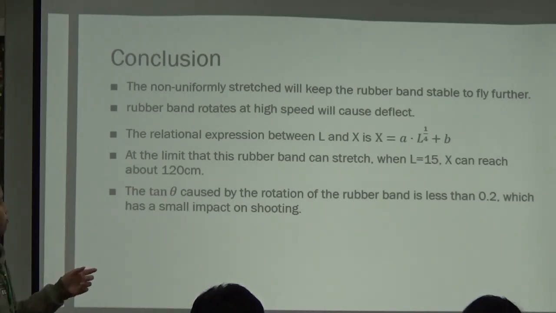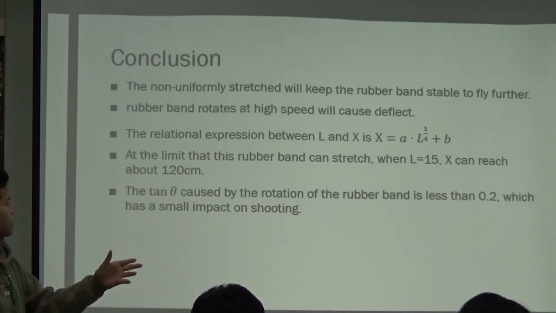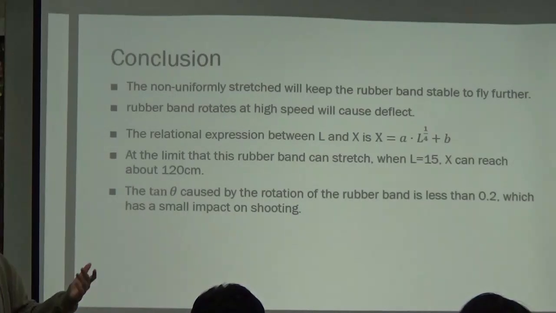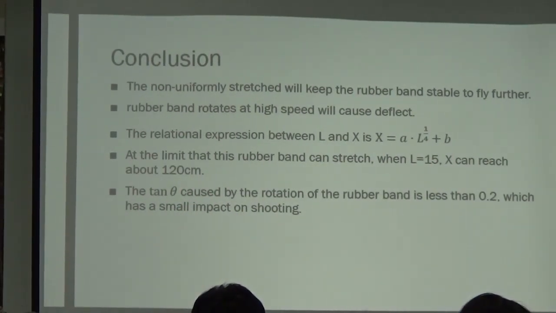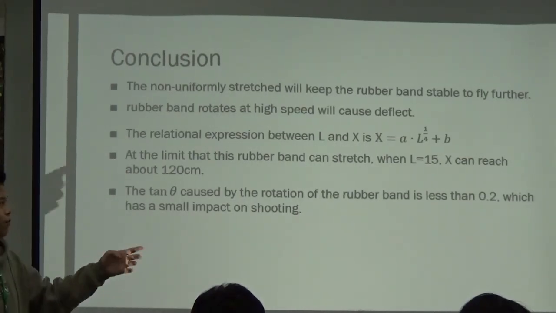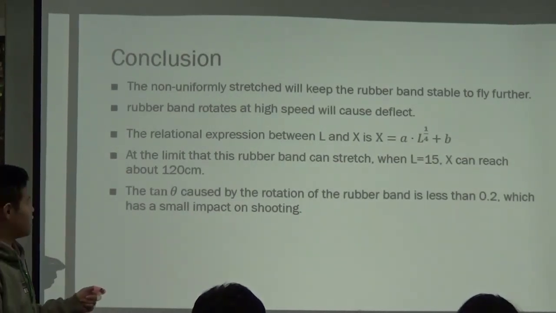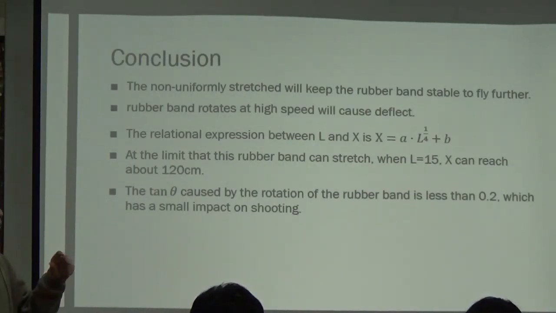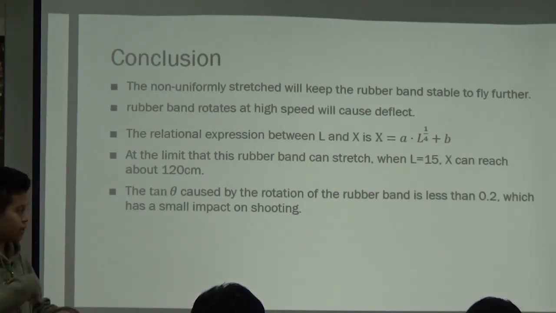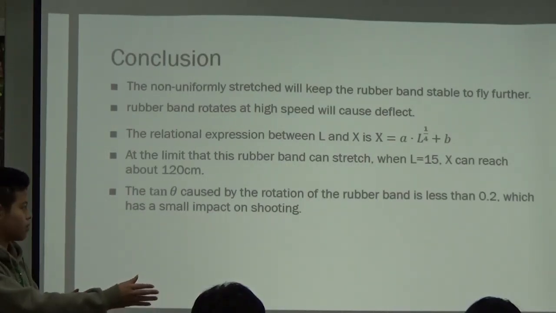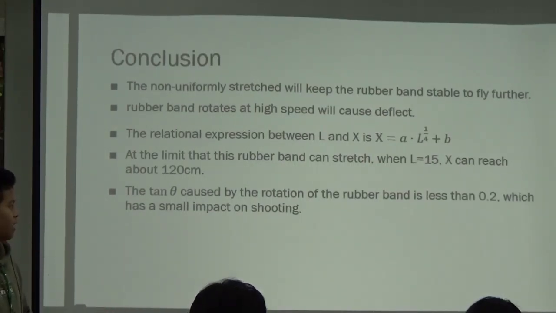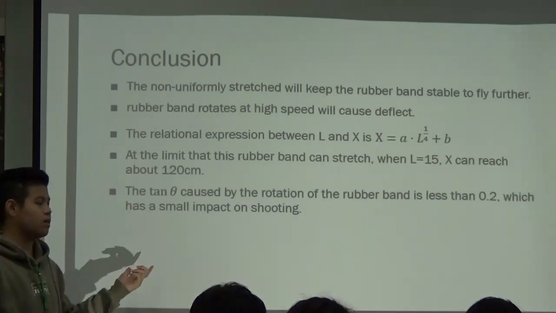And the relationship between L and x is x equal to a times L to the power of 1/4 plus 2. And the maximum distance we found is 140 cm. The turn caused by rotation, we think that it can be ignored.